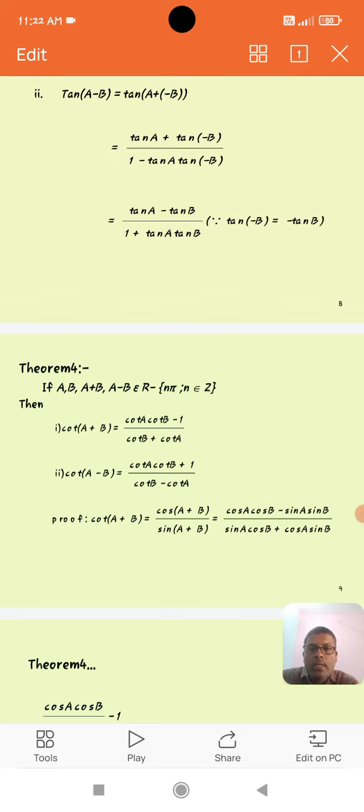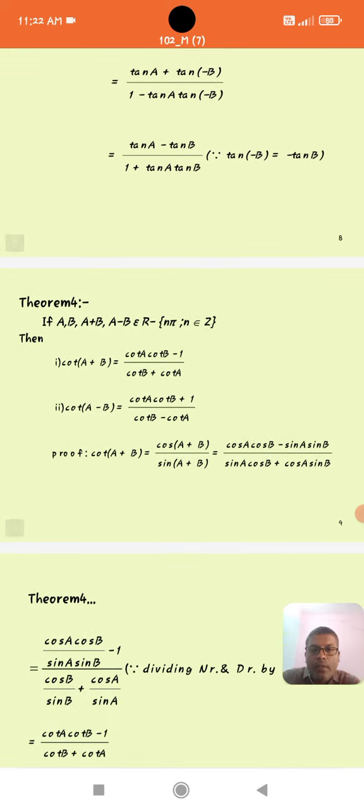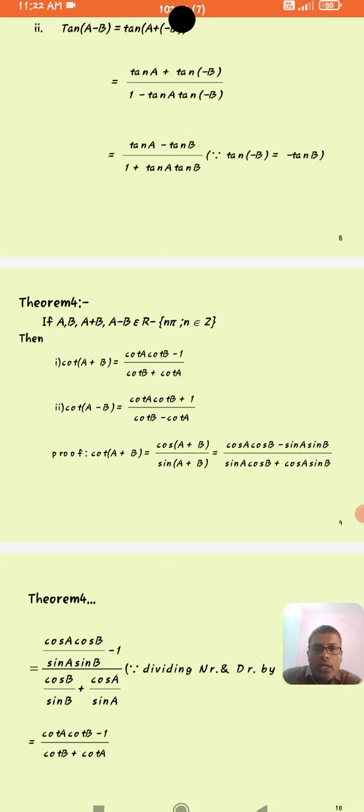The second one is cot of a minus b is equal to cot a cot b plus 1 by cot b minus cot a.